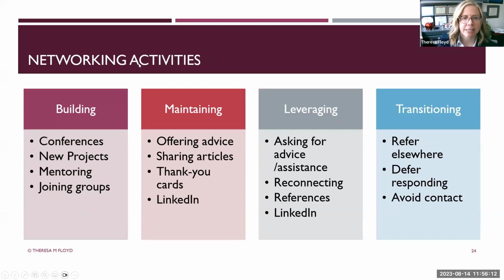And then finally, specific activities that correspond with each of these strategies: how do I go about building my network? And here are some ideas. What are some specific things that I can do to maintain existing ties? And here are some ideas. What are things that I can do to leverage my network? And what are things that I can do to help me transition if I need to? So think about these things when you're writing down your strategies and your activities.